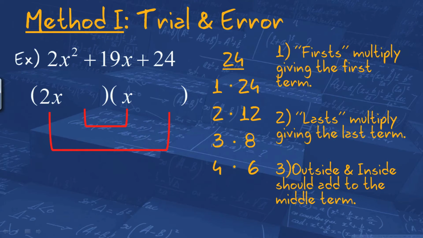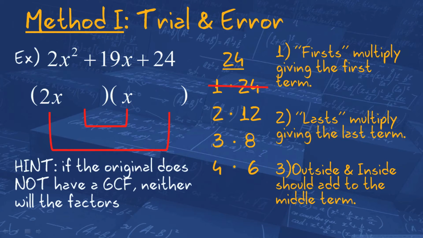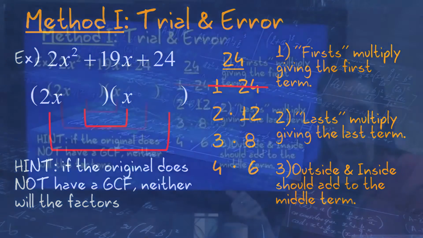Now, here are a couple of hints so we don't have to try all four pairs and all of them in different orders. The first thing is, for us, this 1 and 24 is going to be too big because the outside and inside have to add up to 19, and you've already got a 24. So we can mark out the 1 and 24. The second hint is if the original does not have a GCF, neither will the factors.